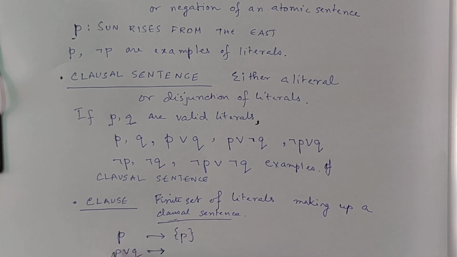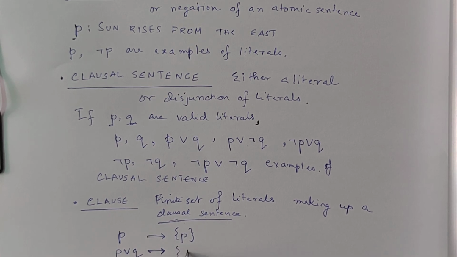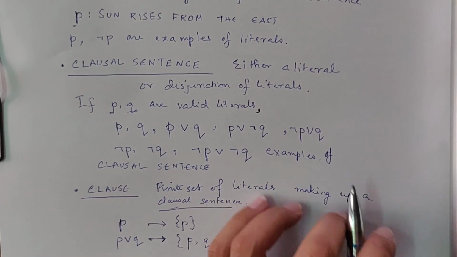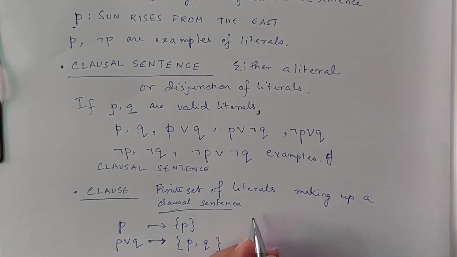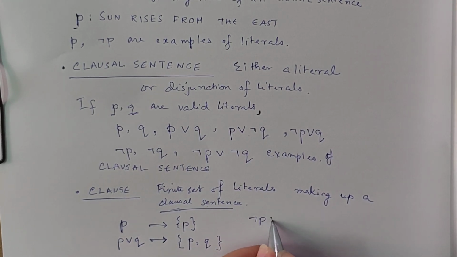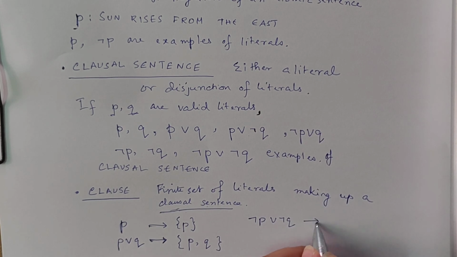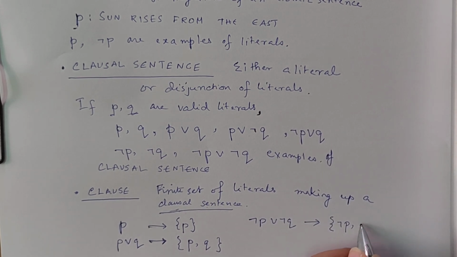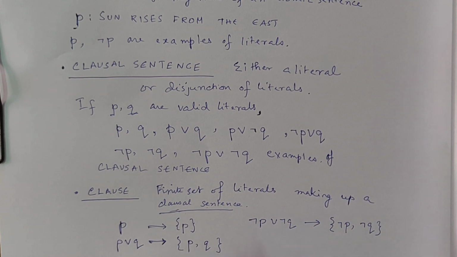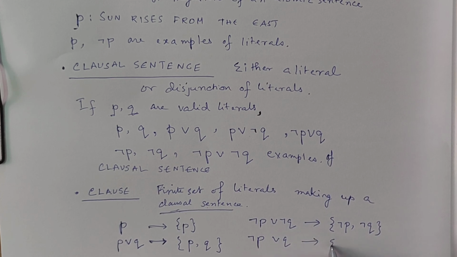What are the constituent literals making it up? P, comma, Q. The moment we convert it into a set, the operator disjunction does not come in, as you can see. Then let us take up not P or not Q. The clause will be not P, comma, not Q. Then not P or Q. The clause will be not P, Q.